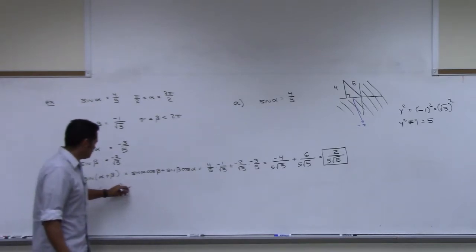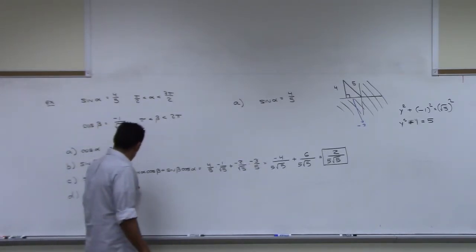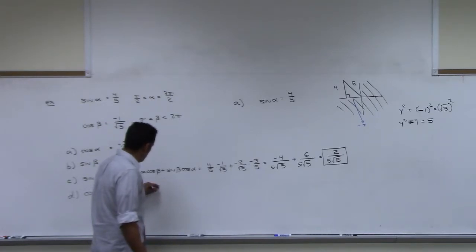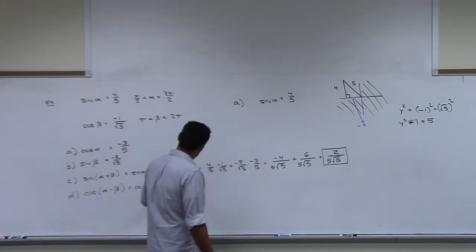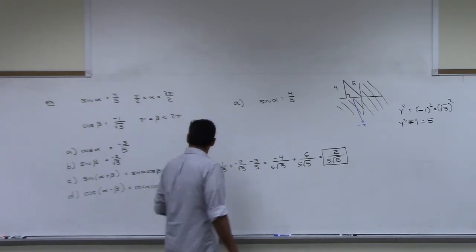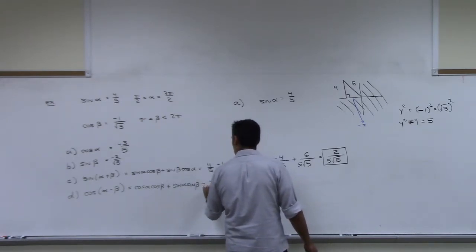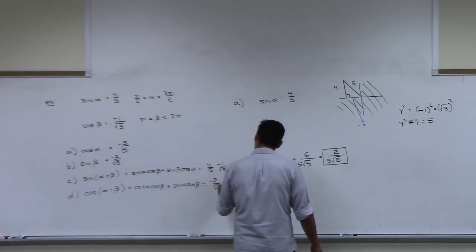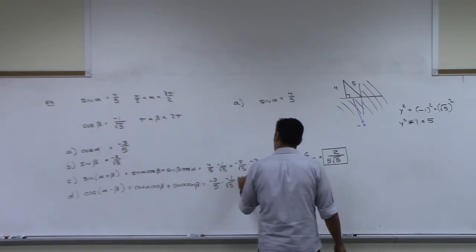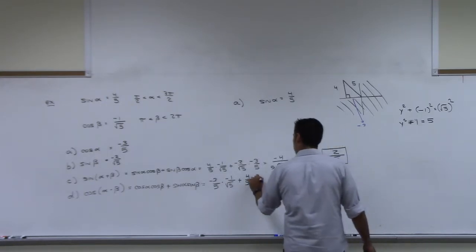This one is going to be cosine alpha cosine beta plus sine alpha sine beta. Cosine alpha cosine beta plus sine alpha sine beta, which is -3 over 5 times cosine beta, which is -1 over root 5, plus sine of alpha, which is 4/5, times sine beta, which is -2 over root 5.